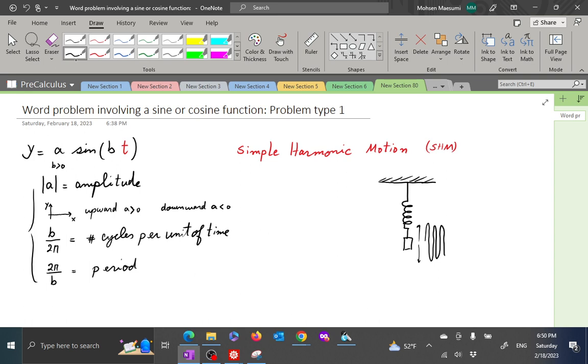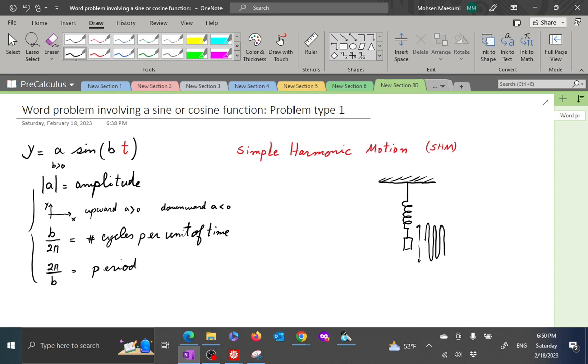b divided by 2 pi, if you remember, was the number of cycles per unit of time, and 2 pi divided by b was the period of oscillation. That's the length of time it takes for one complete movement.